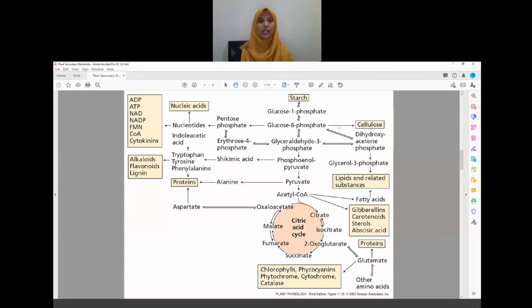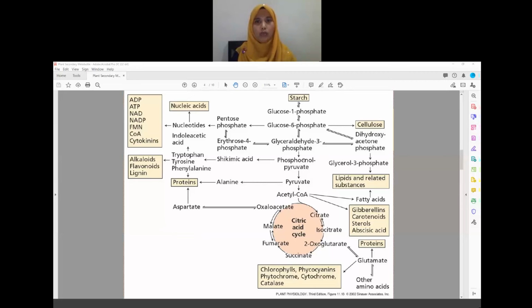So these are the pathway of this upper production of secondary metabolites. Starting from this, we are looking at the 3 main primary metabolites.